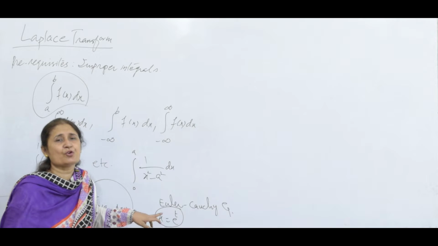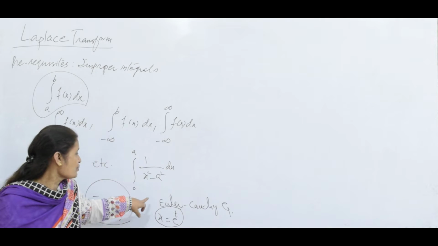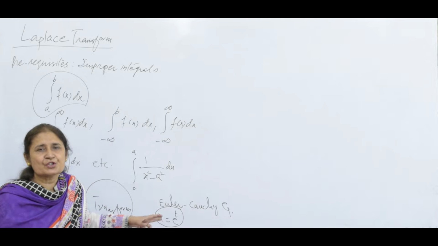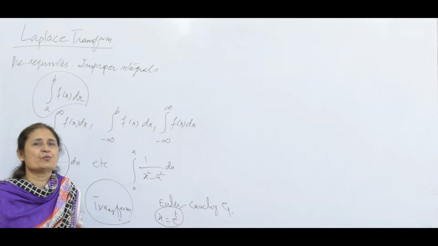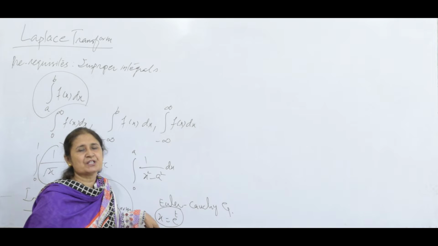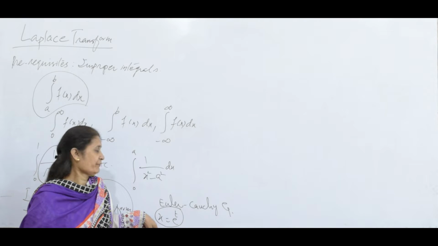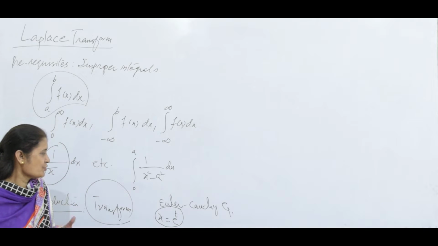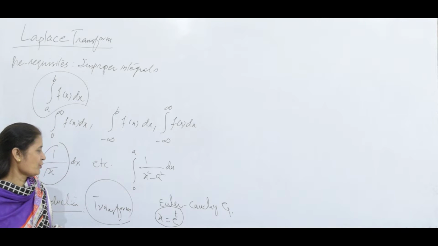This is the transform we will use to convert an Euler-Cauchy equation, which is a differential equation with variable coefficients, into an equation with constant coefficients. So a transform means to convert an object of one form into another.